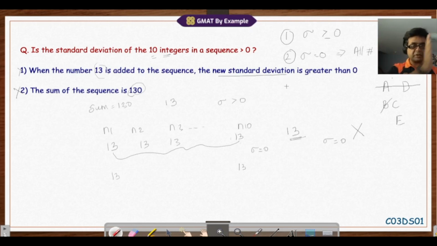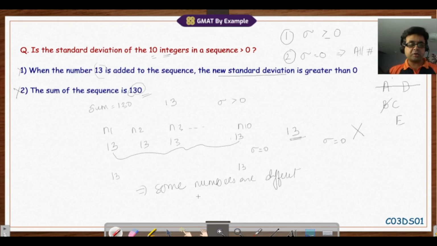If all were 13 and you add another 13, then the standard deviation is 0. Which means that some of the numbers have to be different than 13, but still make up the sum as 130, right? We really don't care what those numbers are.